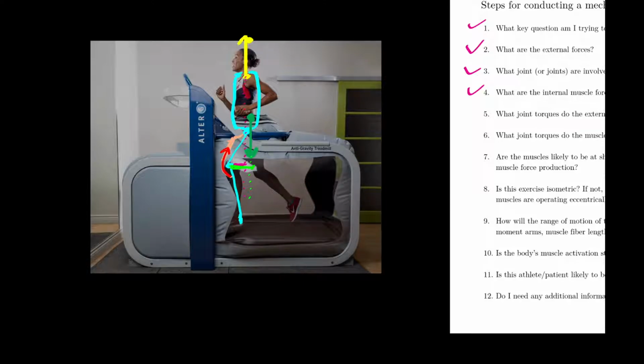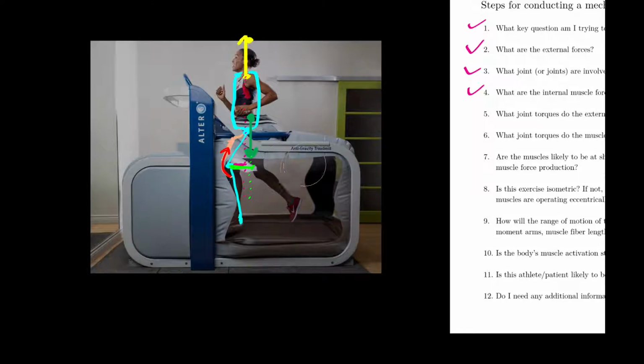Now, something interesting here. Notice how the upward force here is going to have a tendency to counteract the downward force here. So we could think about this in two ways. One of them is that this force creates a knee extension torque, whereas this force creates a knee flexion torque.